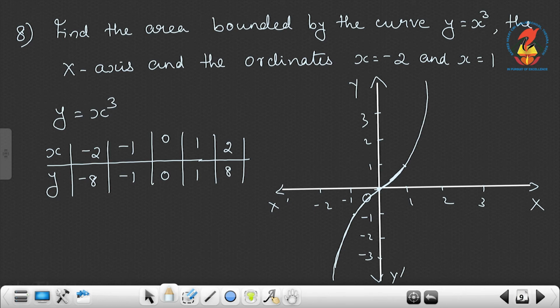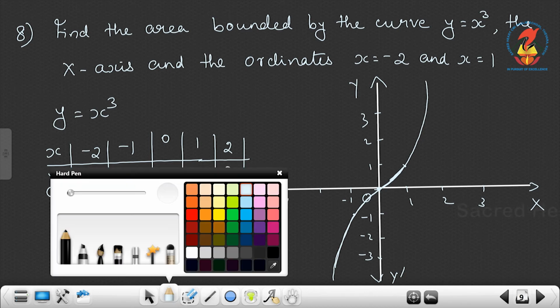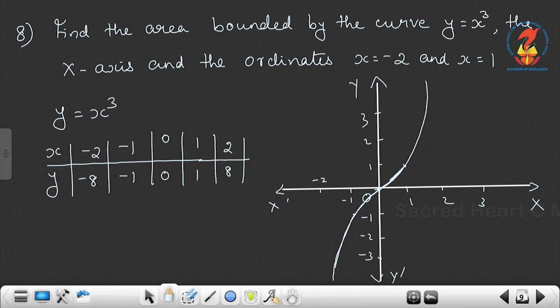Now what we have to find? Ordinates. So draw the line -2. Through -2, draw a straight line. This point is -2. So from -2, draw a straight line. Then x is equal to 1. So we have to find area bounded by.